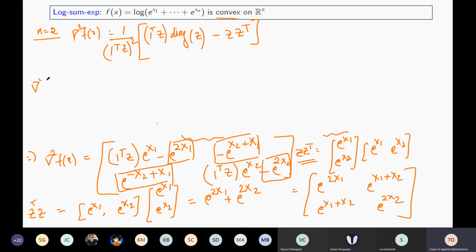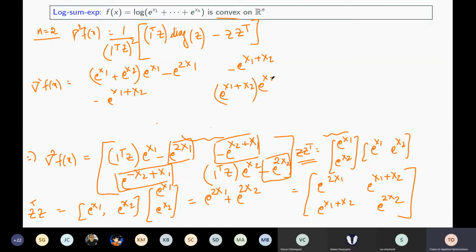Okay, so remember the Hessian was grad f of x. Let us not write it in 1 transpose Z form so that we can see explicitly what is happening. So e^x1 plus e^x2, and then this was e^x1 minus e^2x1, and then here we had minus e^(x1 plus x2), and here we had minus e^(x1 plus x2), and here we had e^x1 plus e^x2 minus e^2x2.